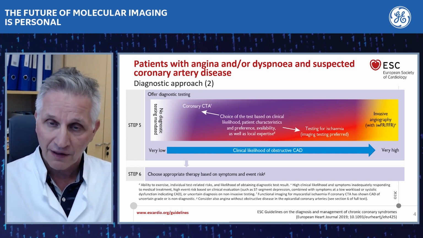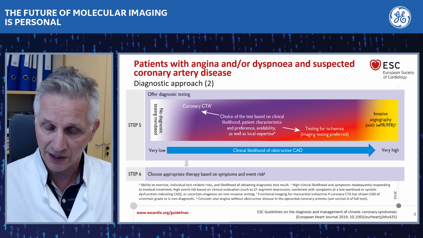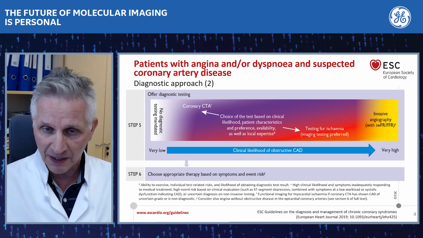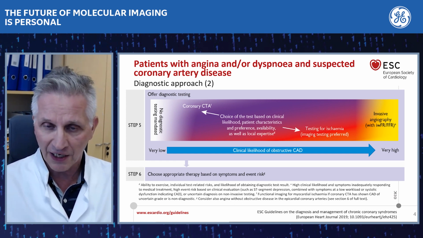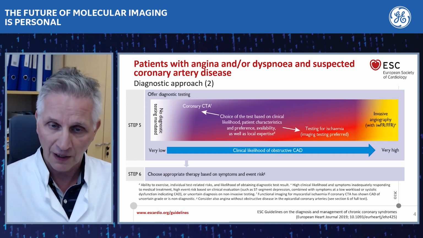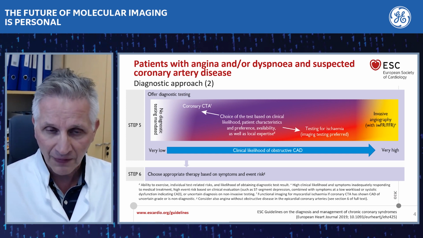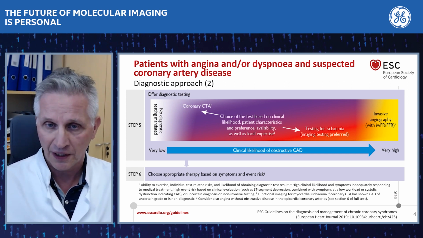But in the way that if the likelihood is very low, then the anatomical test like CT angiography is a good option, while for the patients with a higher likelihood, testing for ischemia is a preferred option. But please remember that any of those tests are still valid to be used in any of these patients with intermediate pretest clinical likelihood.